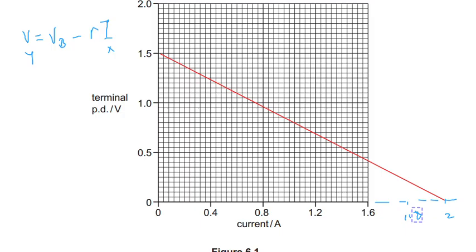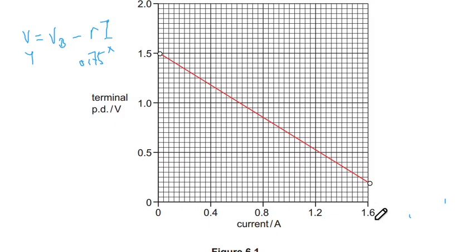This certainly gives you the slope of 0.75, but the graph just ended at 1.6, so we cannot draw this line to, for example, 2, cannot draw it like this. We should draw it up, but where is exactly up?